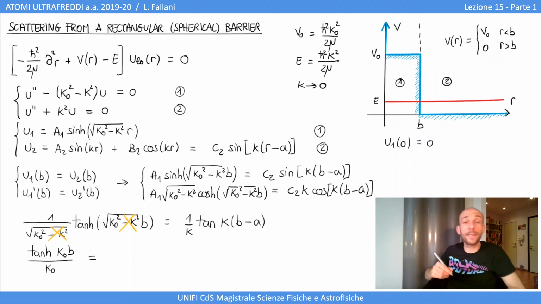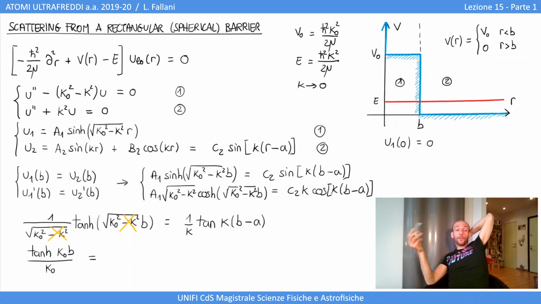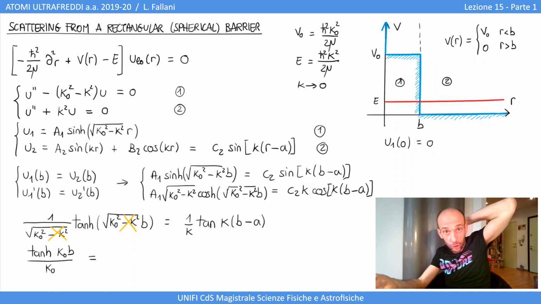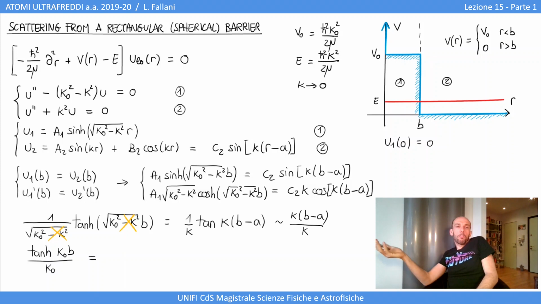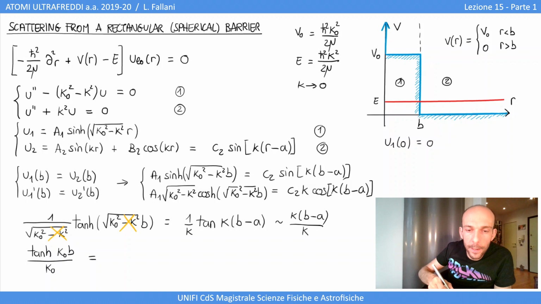At the right hand side, we have the tangent divided by k. Now we are taking the limit k that goes to 0, and of course we can approximate the tangent with its argument, and so this will be k times (b minus a) divided by k, and so of course k simplifies, and this becomes just b minus a.